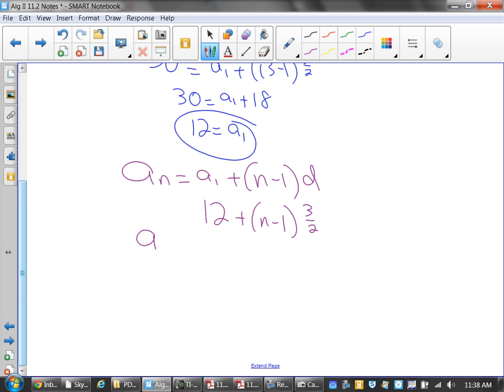So your nth rule is 3 halves n plus 10.50. Whenever you can relate numbers with fractions to money, it's usually a lot easier to do.